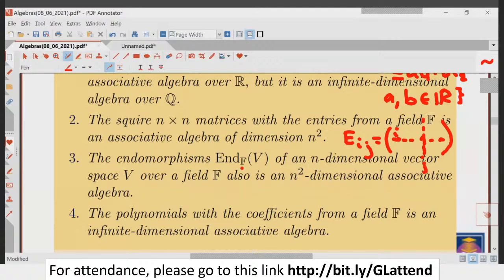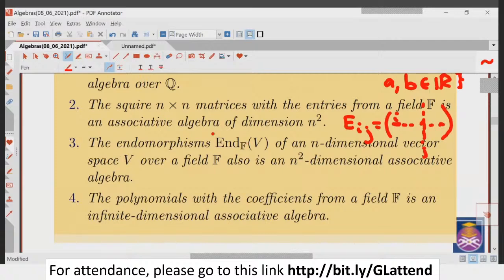If the vector space V is n-dimensional, then this is an n-squared dimensional associative algebra. You have to define the product operation. The vector space is clear.